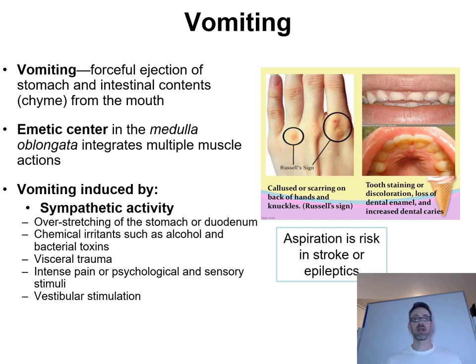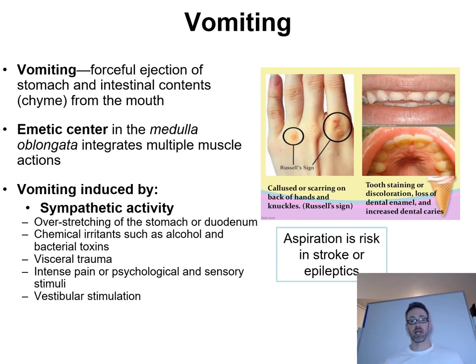There are many things that can stimulate vomiting. Sympathetic activity, an overly increased sympathetic activity. So if somebody's exercising excessively, there's a lot of sympathetic output that can induce vomiting. An overstretched stomach, like overeating, for example, can cause vomiting. Chemical irritants like alcohol, bacterial toxins, caffeine, visceral trauma, like somebody gets punched or a car accident, something like that.